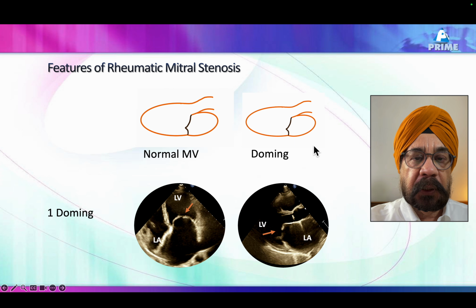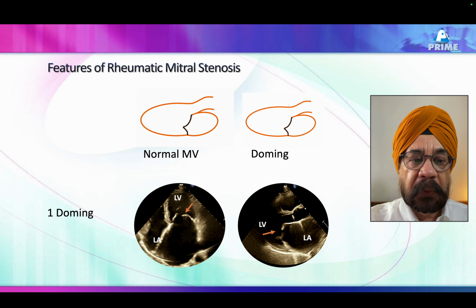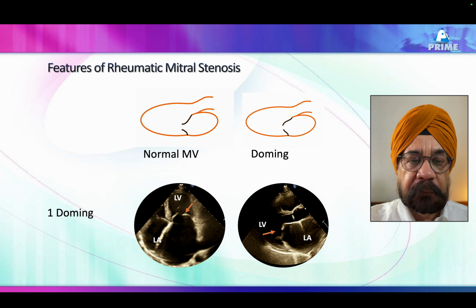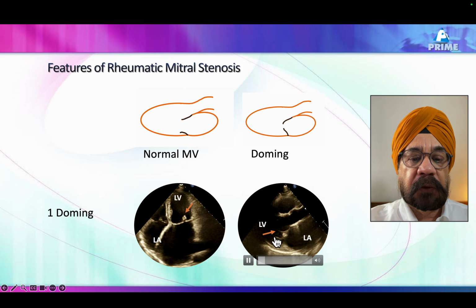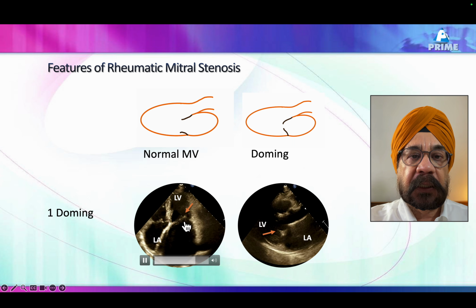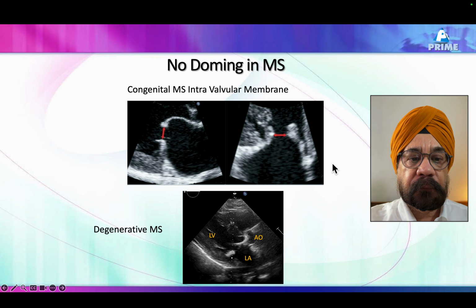This doming happens in almost all mitral stenosis, and this indicates what? If you have doming, it indicates a pliable valve. If there is a degenerative mitral stenosis, with calcification of the mitral valve, this doming would not occur. So this is the doming of the mitral valve as it opens.